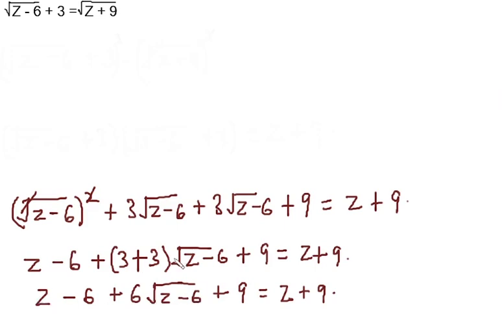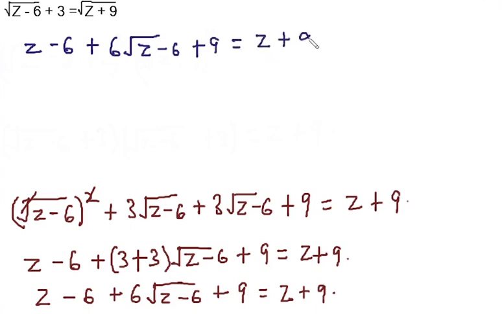So let me rewrite this here. So this is z minus 6 plus 6 square root of z minus 6 plus 9 is equal to z plus 9. I'm going to be isolating the radical on one side of the equation and moving the numbers and variables to the other side of the equation. This is because I want to simplify this equation further. So for the radical, I have 6 square root of z minus 6 is equal to, for this side, we have z plus 9.